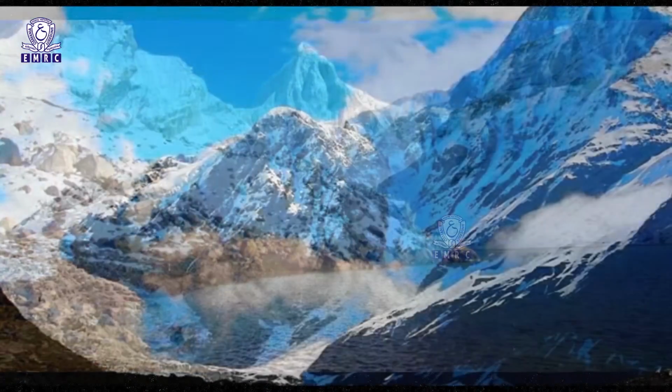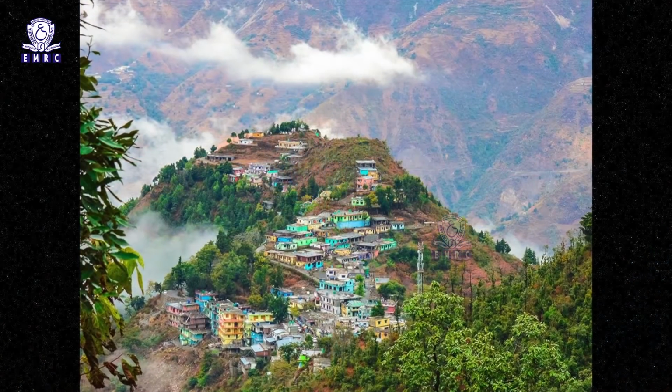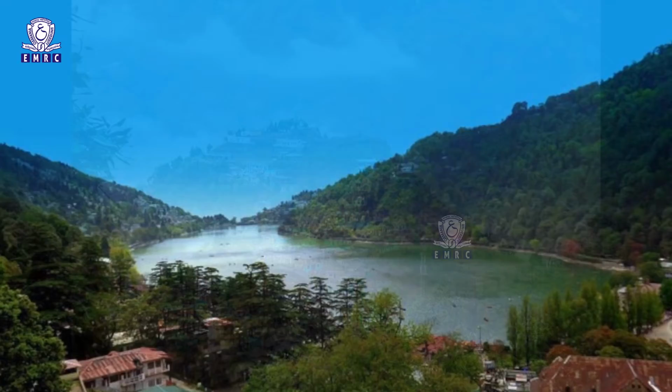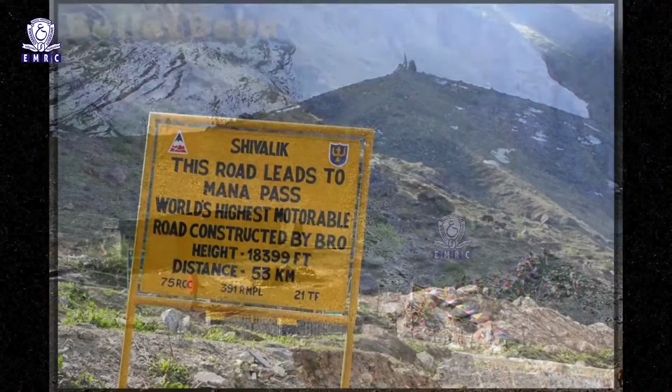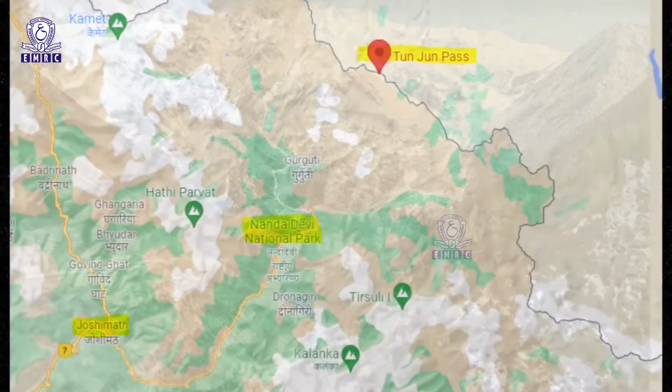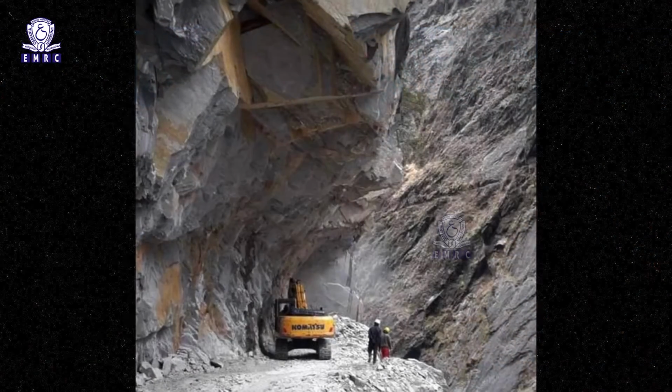Gangotri, Milam and Pindar are the main glaciers of Uttarakhand. The important hill stations include Mussoorie, Nainital, Ranikhet, Almora and Bageshwar. The Kumaon Himalaya are connected to Tibet by a number of passes, namely Thagla, Mulingla, Mana Pass, Niti Pass, Tunjunla, Lampiya Dhura and Mangshya Dhura and Lipu Lekh.